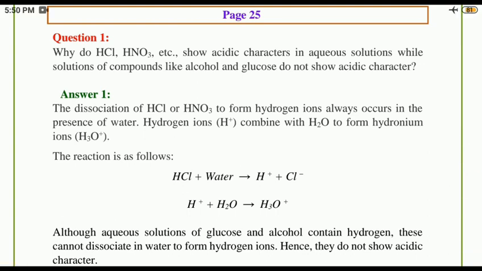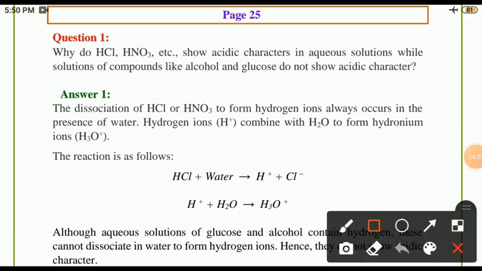On page number 25, question number 1 is, why do hydrochloric acid HCl, HNO3, nitric acid, etc. show acidic characters in aqueous solutions, while solutions of compounds like alcohol and glucose do not show acidic characters?